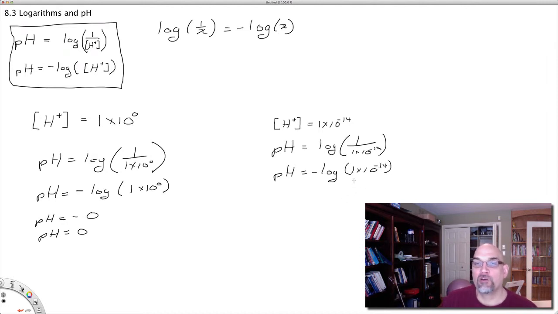And I know from my logs that 1 times 10 to the -14 is just 10 to the -14, and the log of 10 to the -14 is -14. So the pH of that is negative -14, and I have a negative negative, which becomes a positive. So it's 14. So here I have my pH scale goes from 0 to 14, 0 being the most acidic and 14 being the most basic.